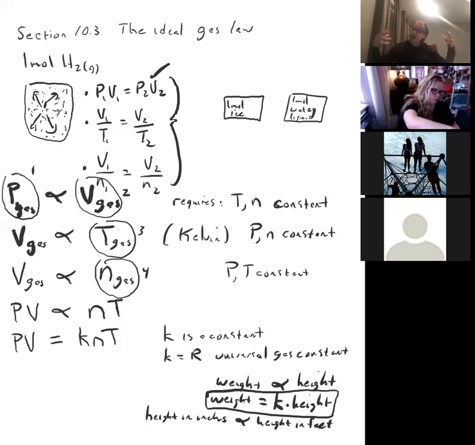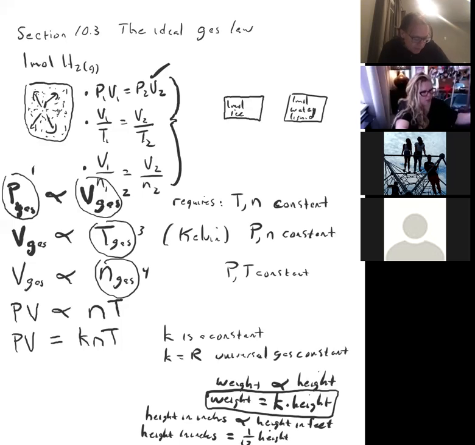You need a constant. So you'd say your height in inches is equal to 12 times your height in feet. Sorry, 12 times. In other words, if you take your height in feet, 5 feet, and multiply it by 12, that gives you 60 inches. Now you know what your height in inches is. So you need that constant to take a proportionality and make them equal to each other.